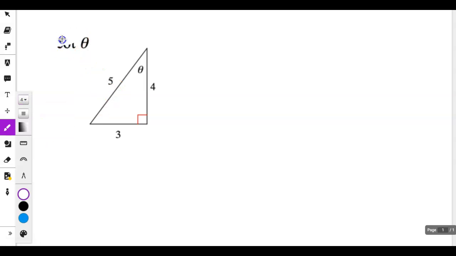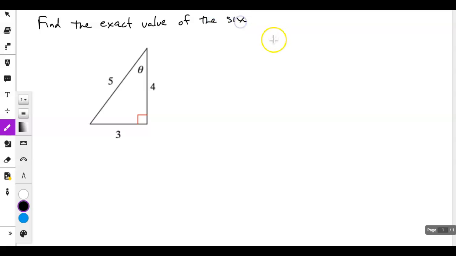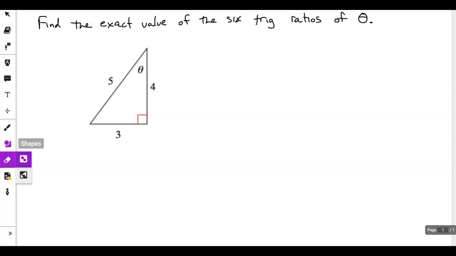The directions will say find the exact value of the six trig ratios of theta. On the assignment I'm going to give you, it's only going to ask you to find one of them. You can do whatever you want: if you just want to find one, that's fine, and if you want to write all six down, that's cool. Whatever is best for you to practice. But I'm going to do all six on this one.